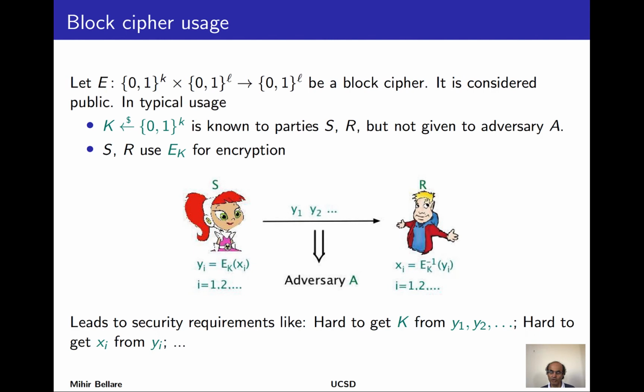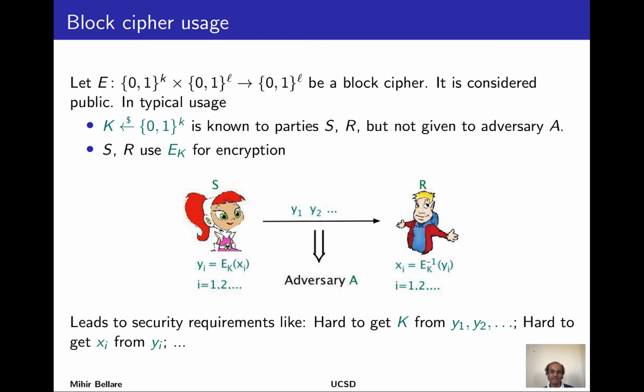Since the receiver knows k, it can evaluate that inverse function. It has both inputs, the key and the output y_i, and it will recover x_i by definition of a block cipher. Of course, in practice, we want that both E and E inverse are efficiently computable. Again, that means if you know the inputs, you can easily get the output.